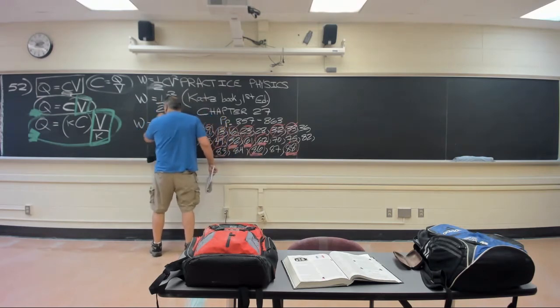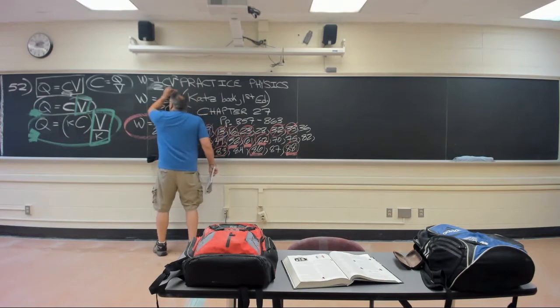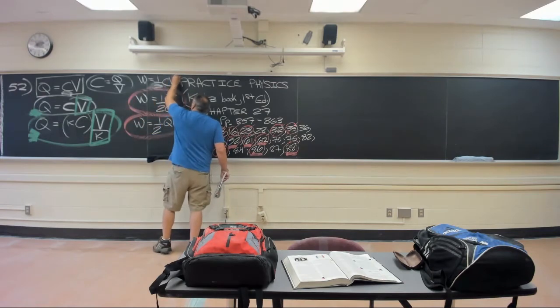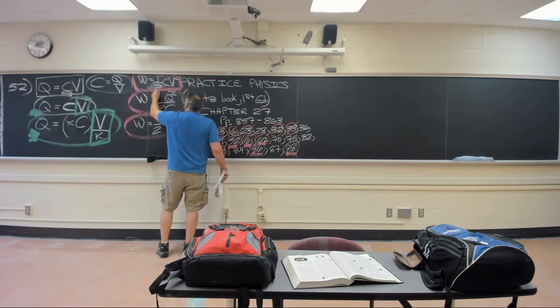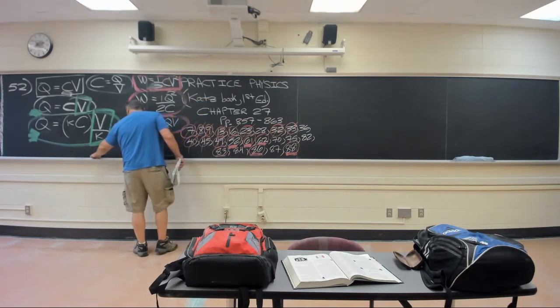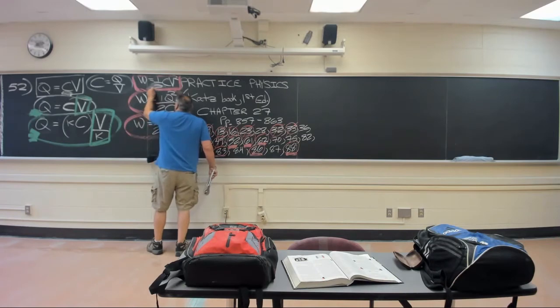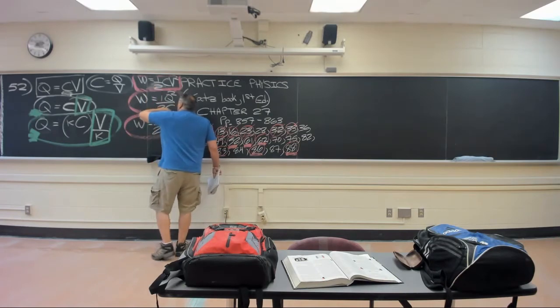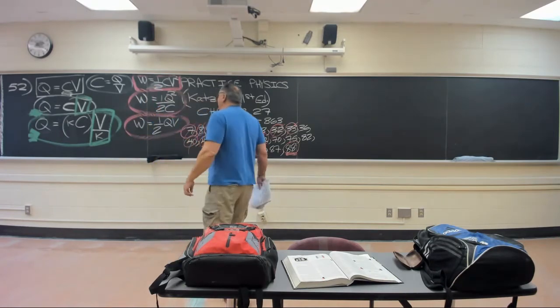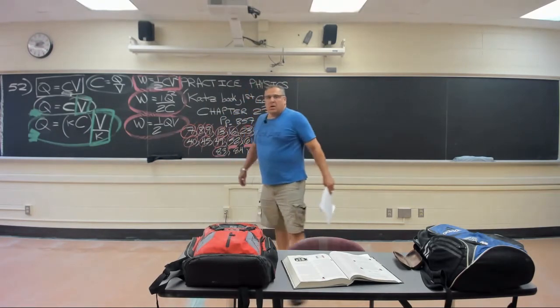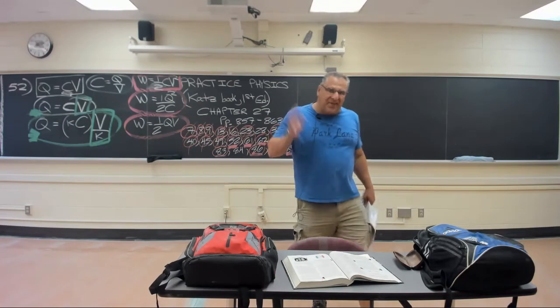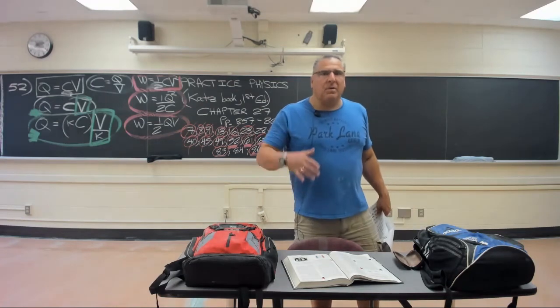So you had all this. Well, how much work is required? It's literally easier to get the same amount of charge on a capacitor with a dielectric constant of kappa bigger than 1. What does that mean?